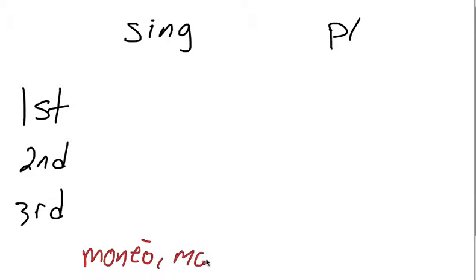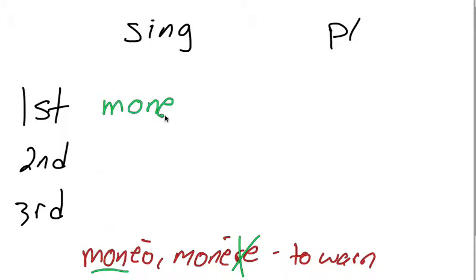Real quick, let's do an example of a second conjugation one. Really quickly, we'll set up first, second, and third again, and singular and plural. For second conjugation, this time, let's use moneo, monere, which of course means to warn. We only need the first two principal parts, so I won't list out all four. Taking off the re, and remember that my first principal part goes here, so moneo.